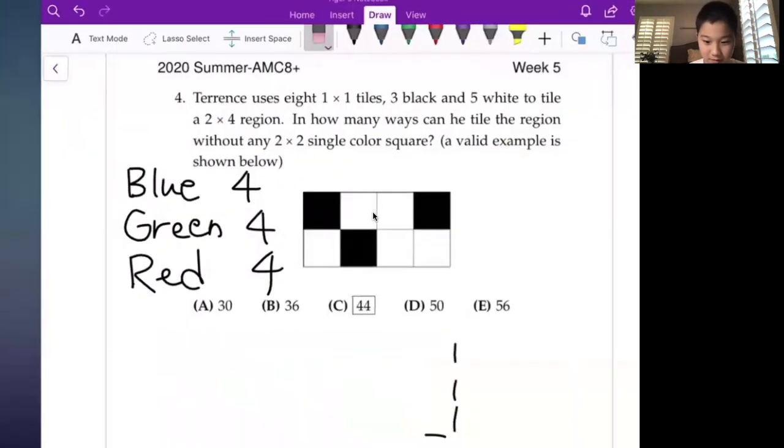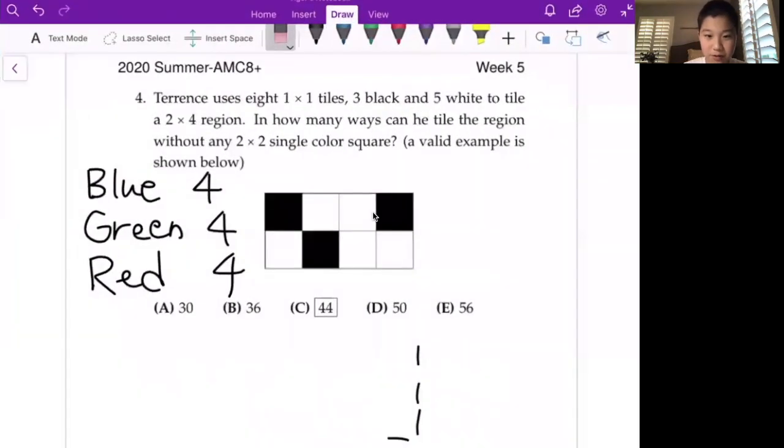So we're left with, oopsies, the total number of ways to put 3 blacks and 5 white on a 2 times 4 region. Well, there's 8 squares. 8 choose 3 or 5. It doesn't matter. 3 or 5.